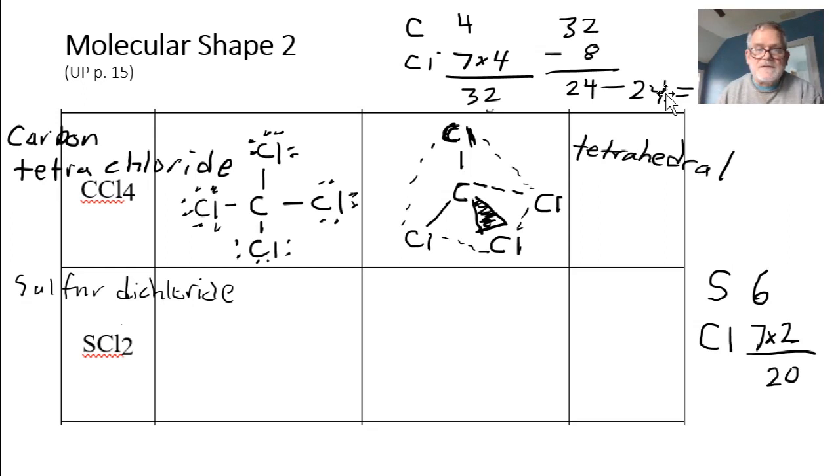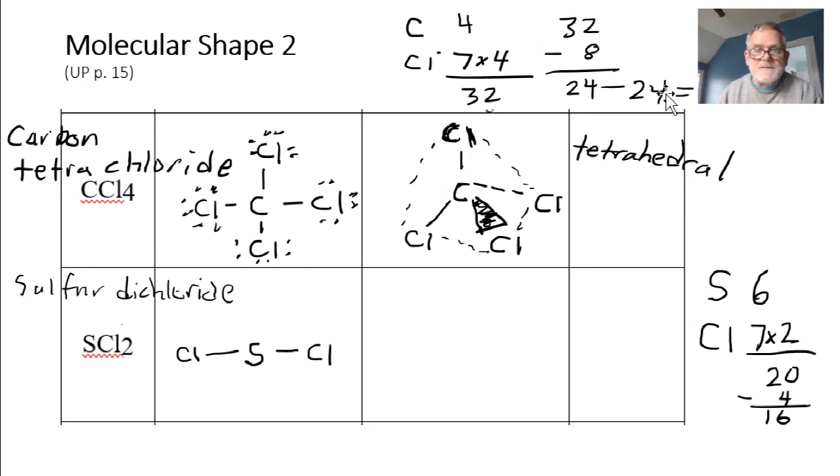Okay, so I'm going to guess the structure using single bonds. I'll write sulfur in the middle since it's the first atom in the formula. How about if I put a chlorine over here and a chlorine over here? The act of making 2 single bonds uses up 4 electrons. So let's subtract 4, and I've got 16 left.